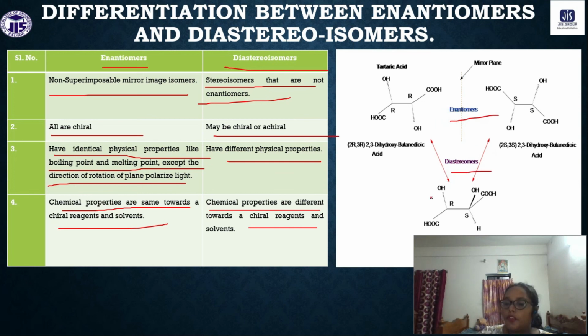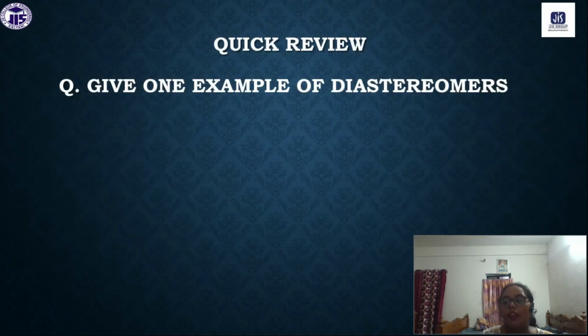So from this portion you may be asked to give one example of a diastereomer, or give one example of an enantiomer. So how much have you understood? For that I have given one question: give one example of diastereomers. Just now I am telling you about this question, so your time starts now.